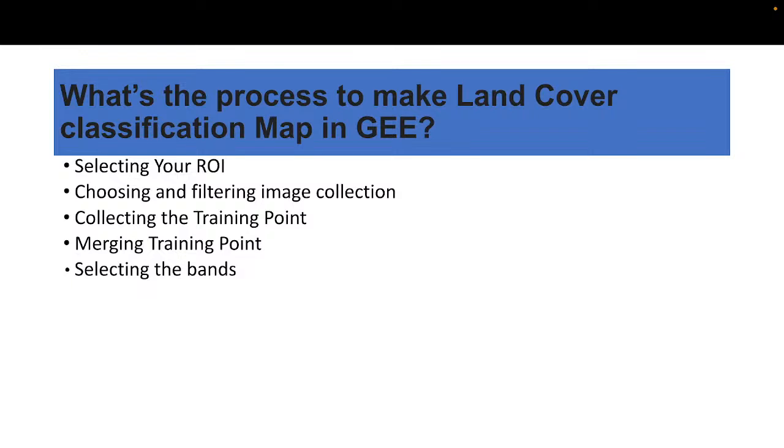I make a list of my bands, and further extract the pixel values using the sampleRegions function and make a training dataset. This extracts the spectral signature values, the spectrum values, of all points, and makes a dataset.